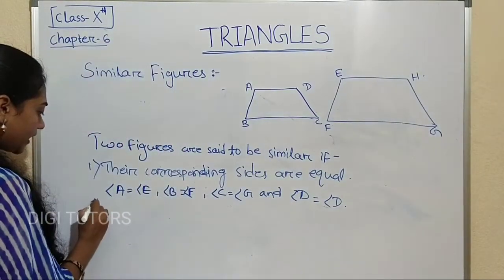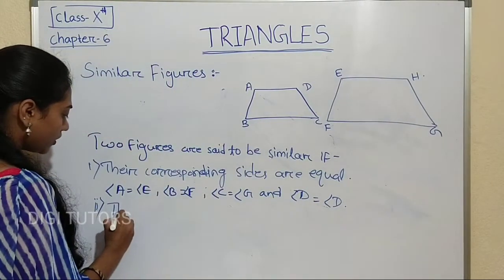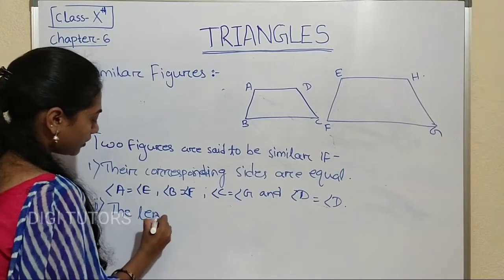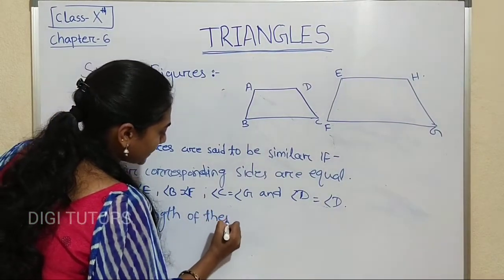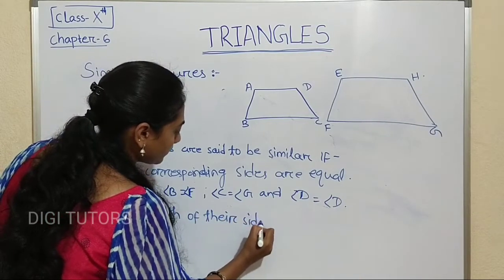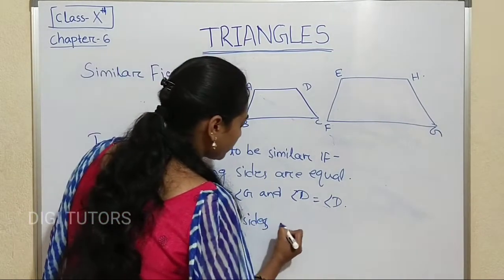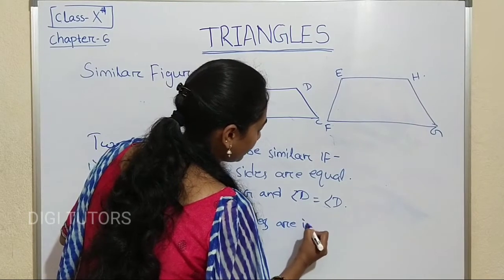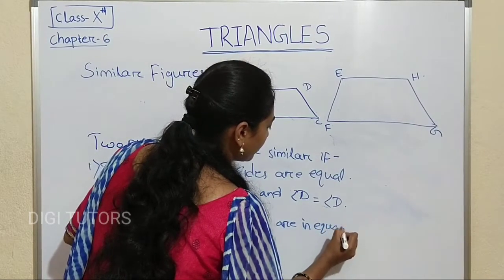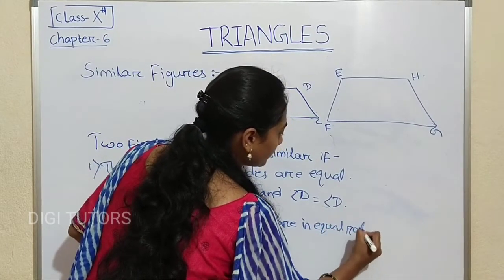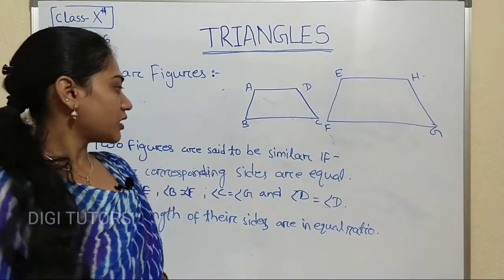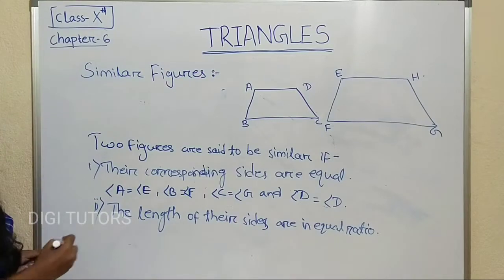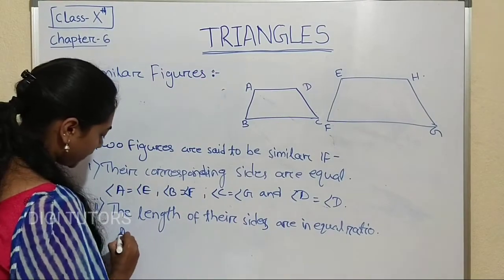The other rule is that the lengths of their sides are in equal ratio. What does it mean? If we find the ratio of the sides, then they must be equal.